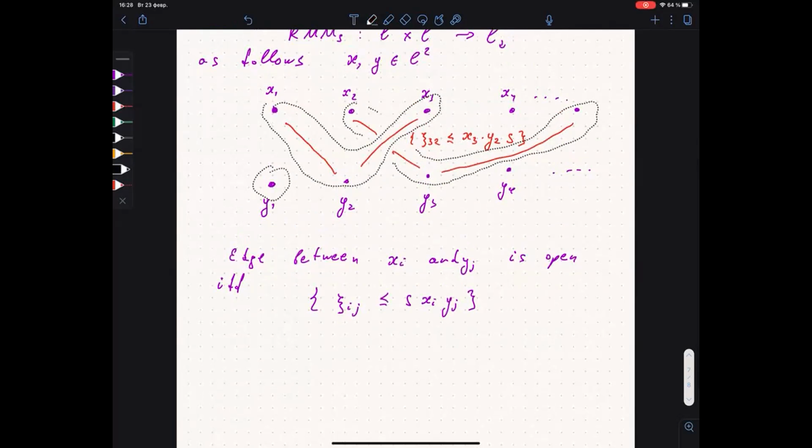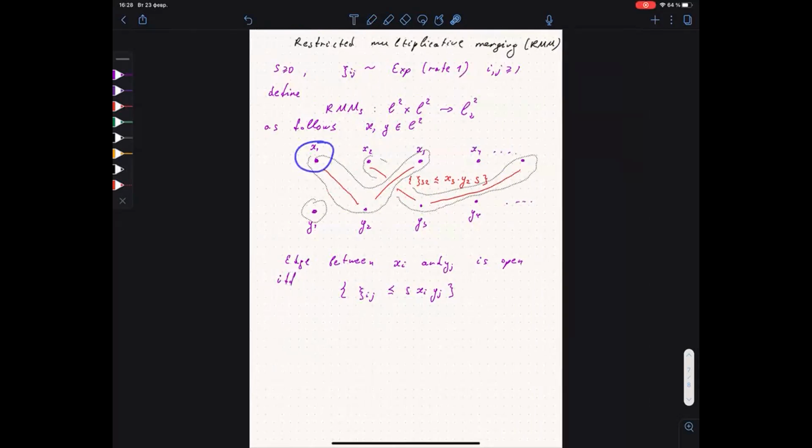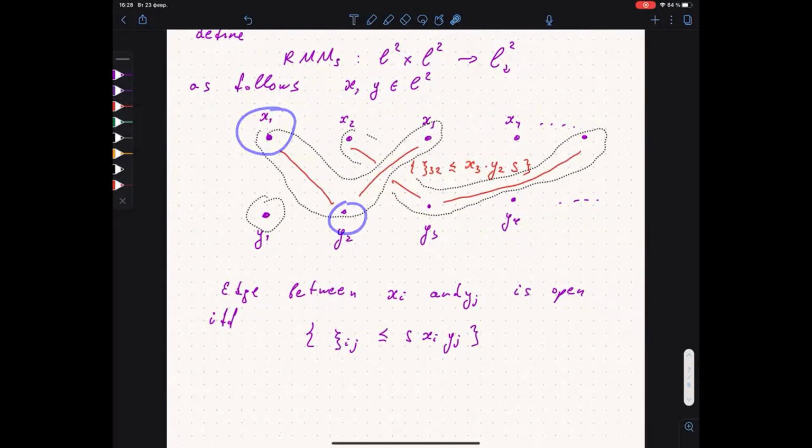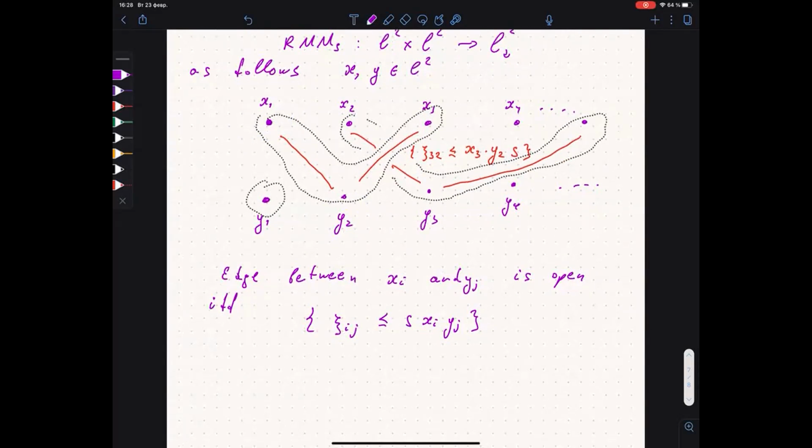Recall that every vertex has a mass: that vertex has mass x1, that has y2, and so on.